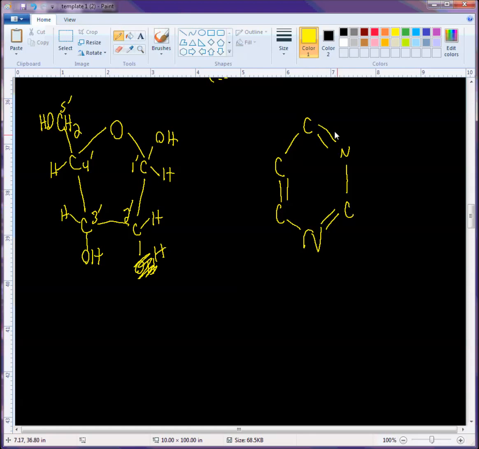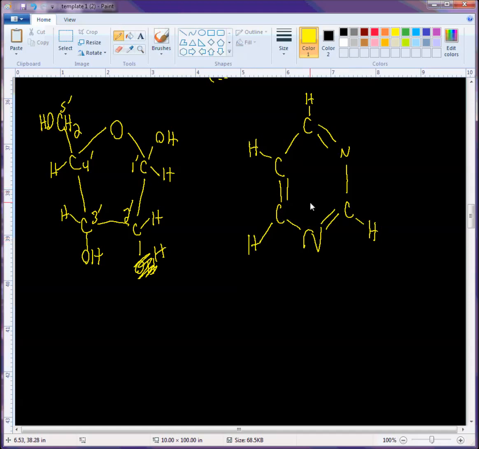And then when we have that, we make sure we have 3 bonds to this nitrogen, 3 bonds to that one. So we'll add hydrogens everywhere else to make sure all the carbons have 4 bonds formed.